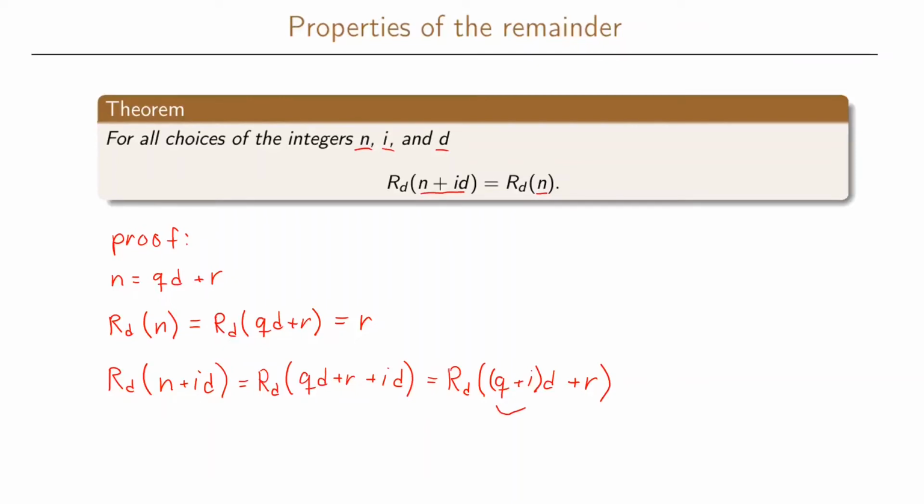But what we can see is that q plus i, we can write just as q prime. So this says that we have n plus id equals q prime d plus r, and the remainder here is the same. So this is still r.